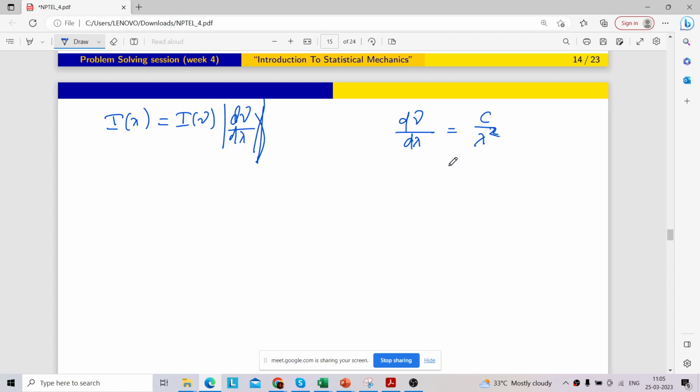We calculated it recently. And we also know I nu d nu, which will be 8 pi h over c square nu cube d nu over e to the power h nu over kT minus 1.